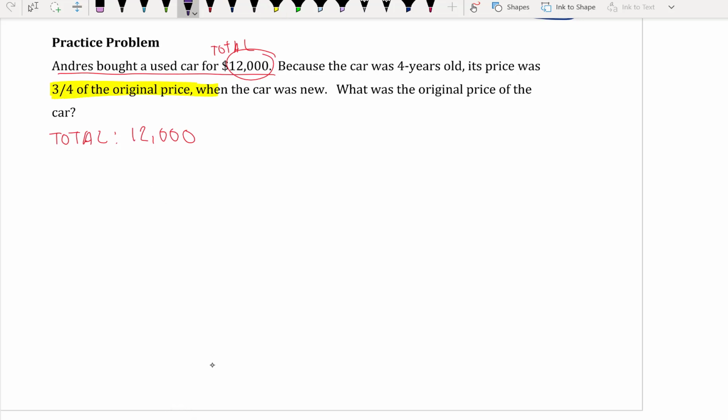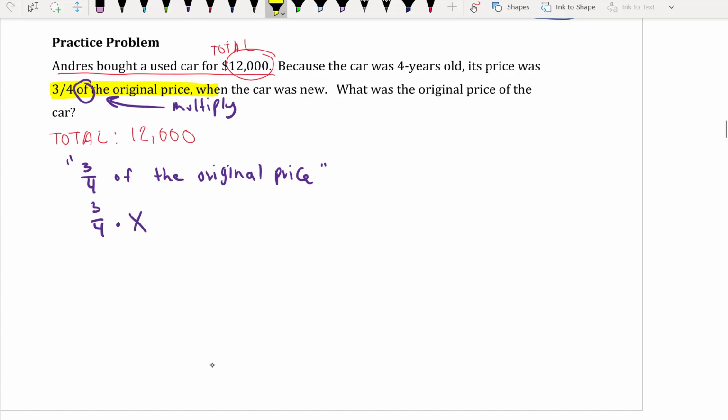So here, if we look at the of in mathematics tells us to multiply. So this is saying 3/4 of the original price. Well, if we translate that into math, this is 3/4 times x, where x here is going to be the original price.